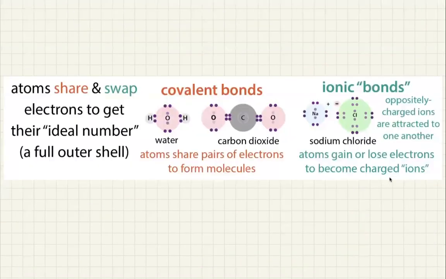And so that would be an example of an ionic bond. Basically, they swap electrons. One gives up an electron, one takes an electron. And then because they're oppositely charged, they hang out closely to each other. We call this an ionic bond, but really it's just like an attraction. And we'll also talk later about hydrogen bonds, which again are just like attractions, versus actual covalent bonds when they're sharing pairs of electrons to form molecules.